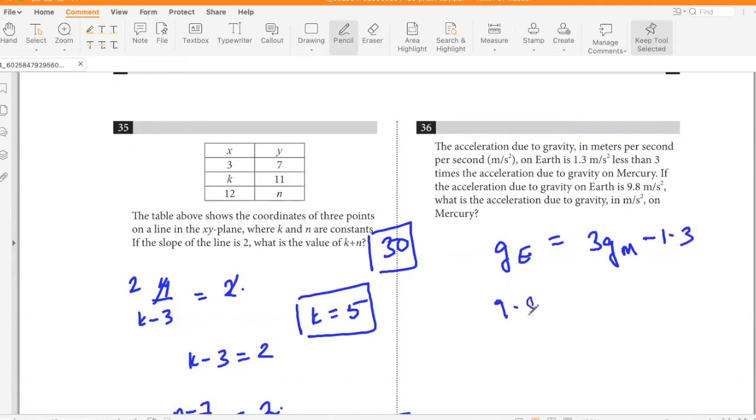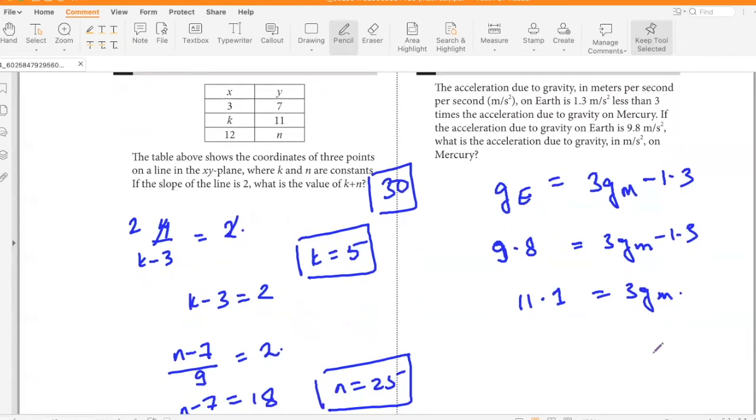So this is 9.8 is 3 times this minus 1.3. 8 and 3, 11. So 11.1 is 3 times G on Mercury. So G on Mercury would be 3 into 3, 3.7.